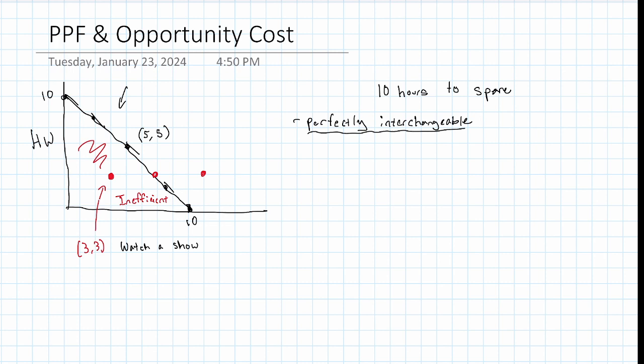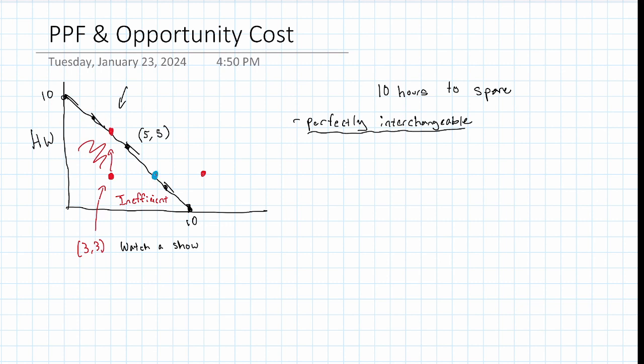It wouldn't cost us anything additional. We wouldn't be trading off anything in order to do it. I could still watch 3 hours of a show, but I could do another 4 more hours of homework, and vice versa, and I wouldn't be trading off. That's why it's inefficient.